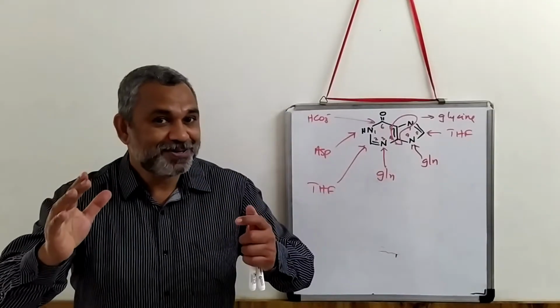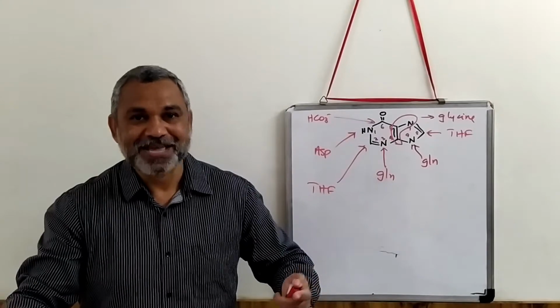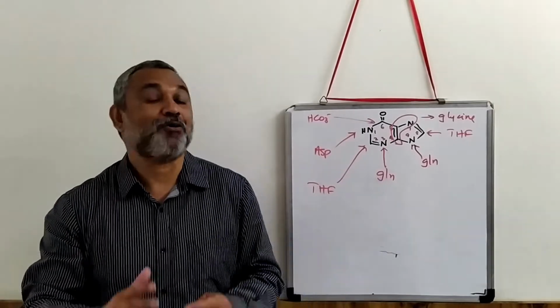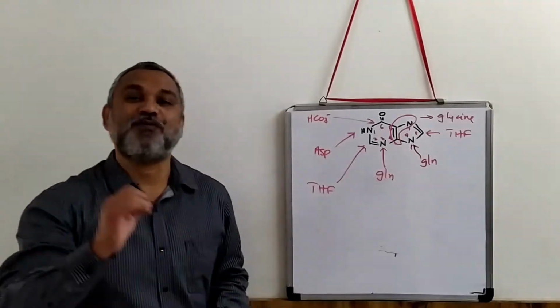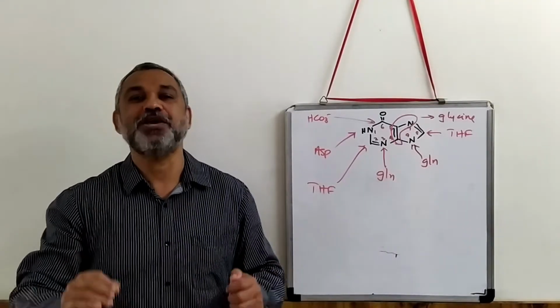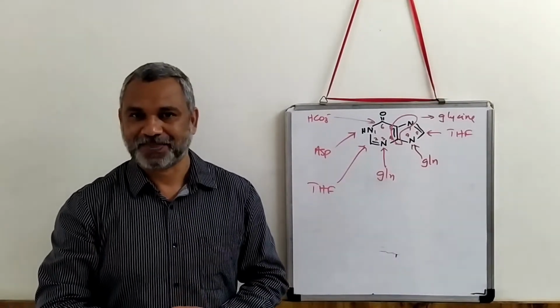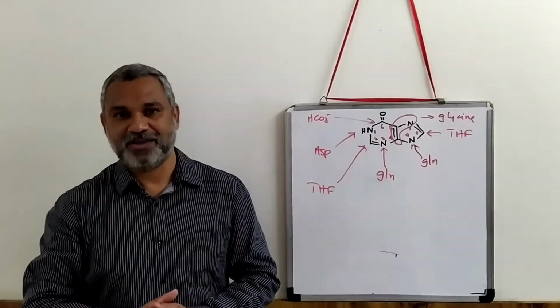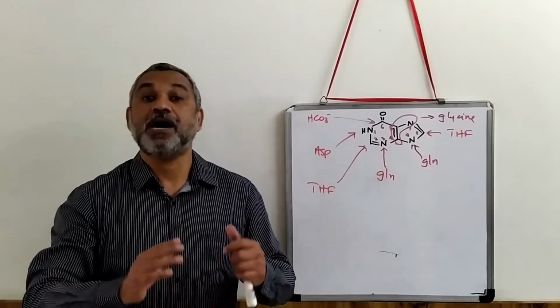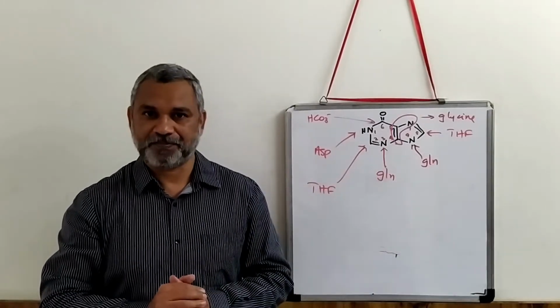You see how vitamin derivatives, amino acids, and carbon dioxide contribute towards the formation of purine nucleotides. Now, this is what is called the de novo pathway for the synthesis of purine nucleotides.